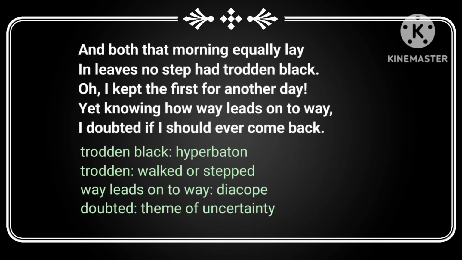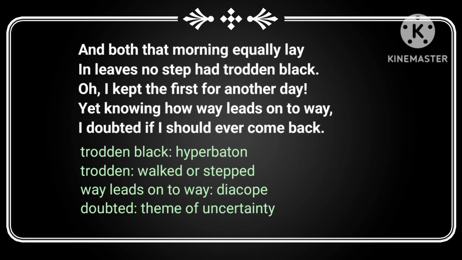And both that morning equally lay. On that autumn morning, both the paths looked equally. Equally means they looked similar. The path lay in front of the speaker. The path looked the same because they were both covered with autumn leaves.